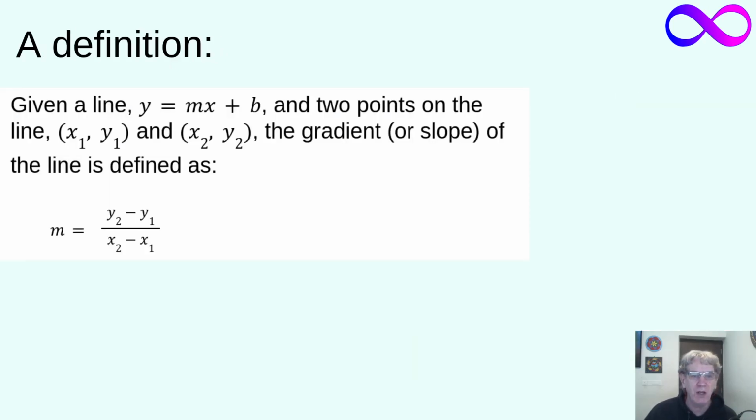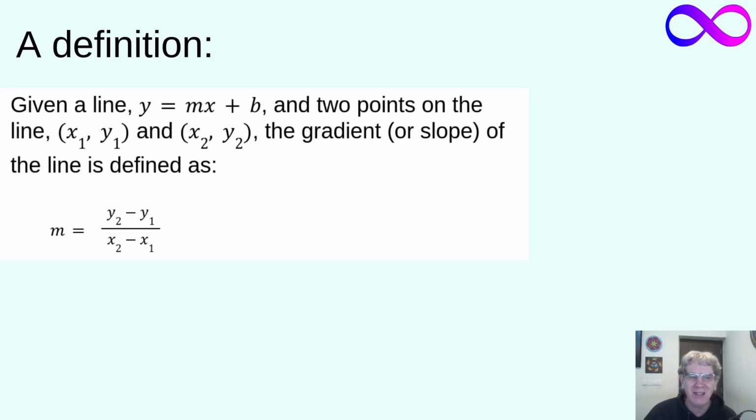Okay, so let's look at another definition. Given a line y equals mx plus b and 2 points on the line, (x1, y1) and (x2, y2), the gradient or slope of the line is defined as m equals y2 minus y1 upon x2 minus x1.